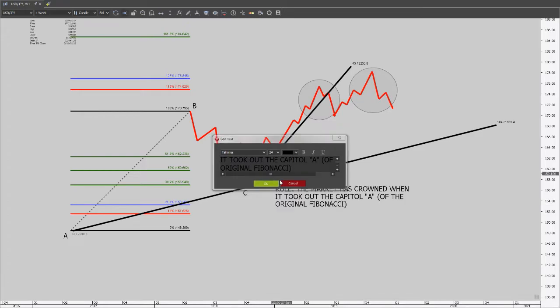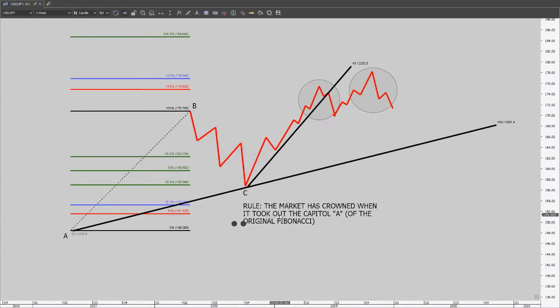Okay, this is a simple rule. It's not subject to interpretation. The market has crowned when it took out the capital A of the original Fibonacci.